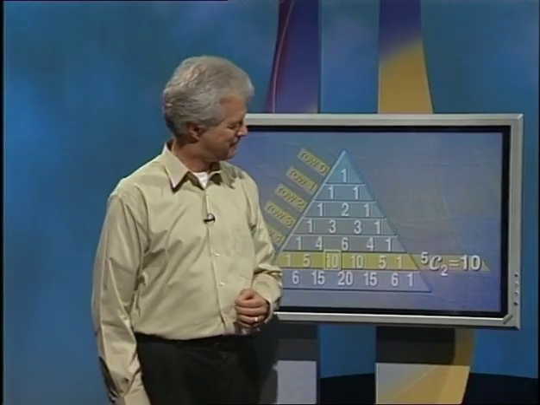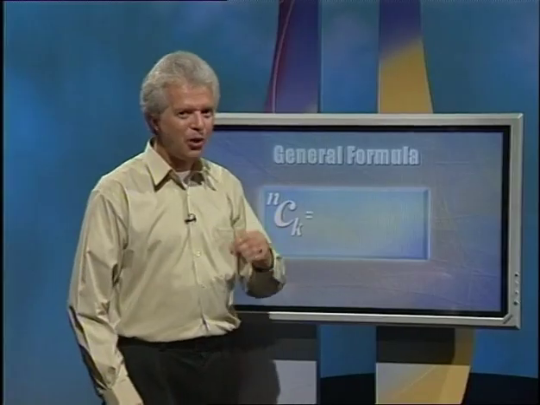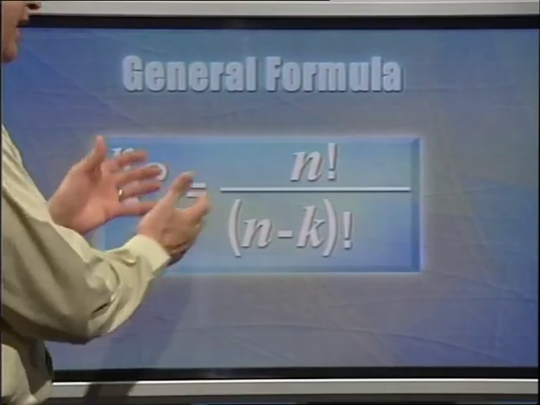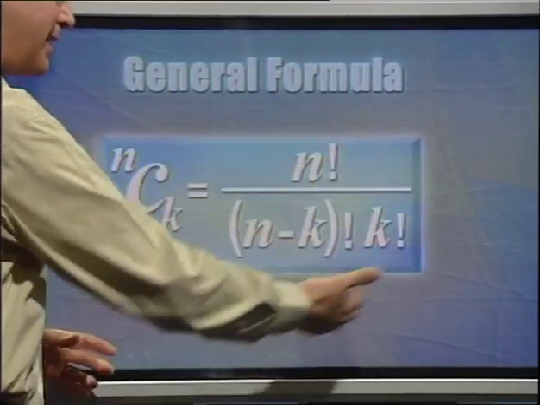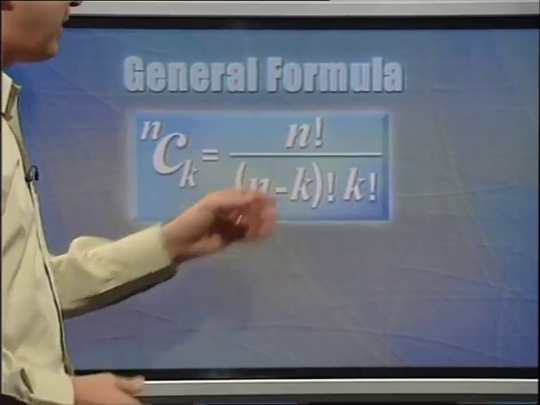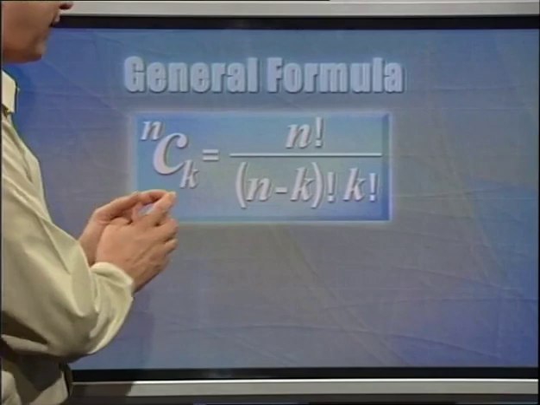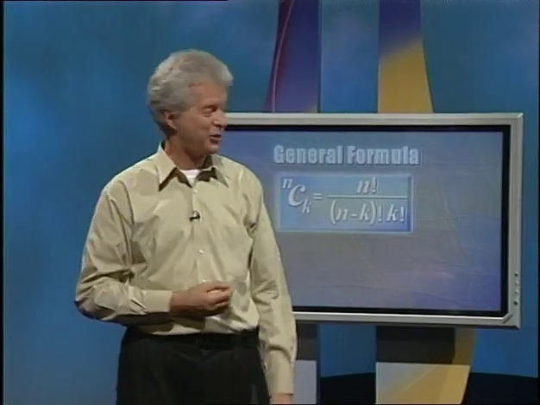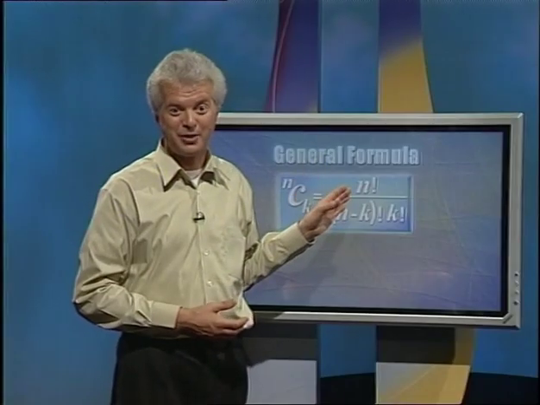It's just a label. Now, in general, we refer to the entry in the nth row and the kth position as nCk, and the general formula for that is n factorial divided by (n − k) factorial times k factorial. So you can see why it was so important to revise factorials. There are 3 of them in this formula.